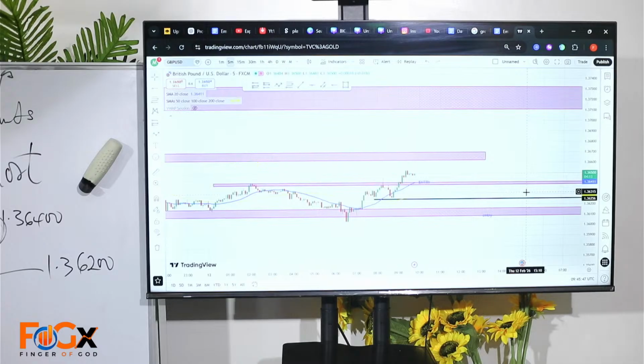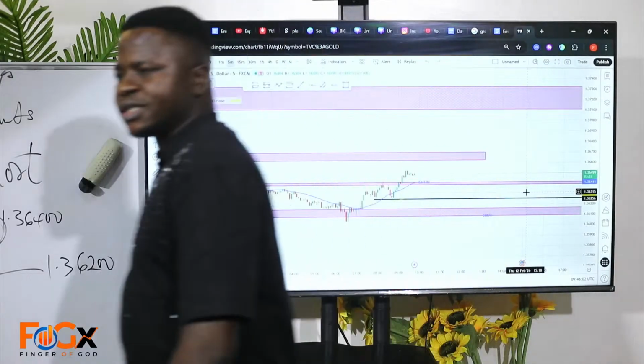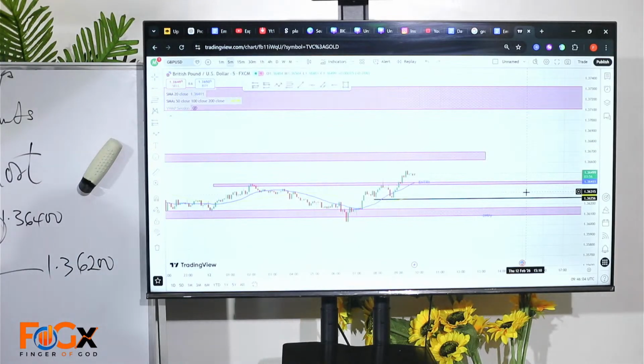All right. So place your buy limit. Go to market execution. New order. Oh, this is TradingView now. You can't trade from there. So you see market execution. You now click on buy limit.